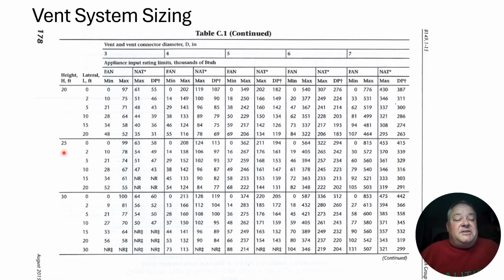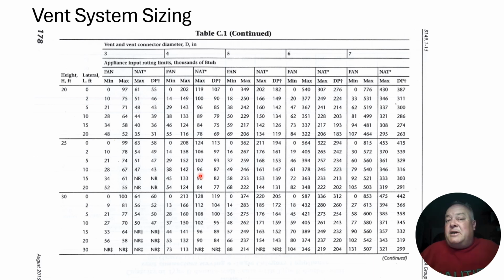If our lateral is 6 feet, we're going to the 10-foot lateral section right above my highlight there. And again, I'm telling you that we've got an appliance, let's say, that's going to be 94,000 BTUs, and there's no air exhausting appliance in there. We can get away here with a 96,000 BTU 4-inch vent connector for that appliance.